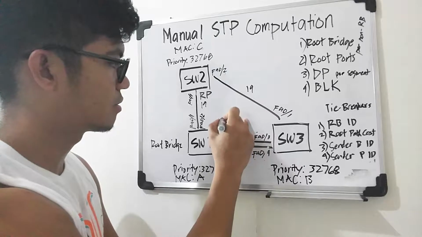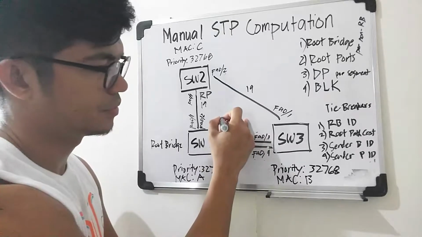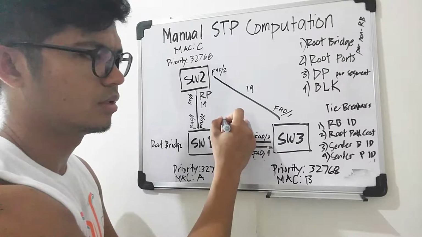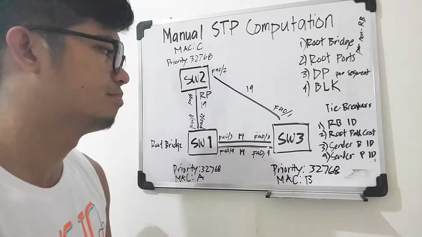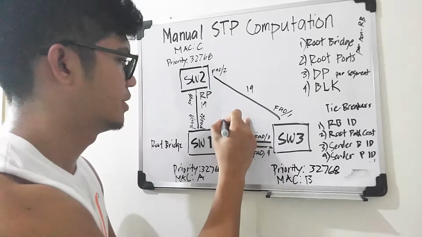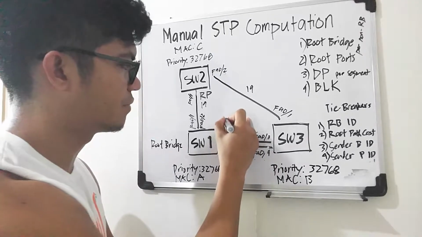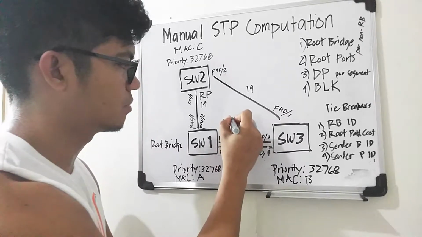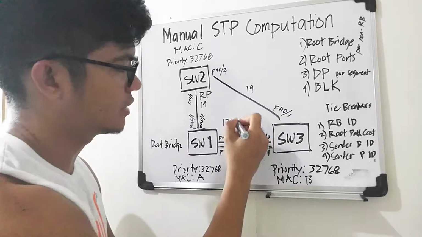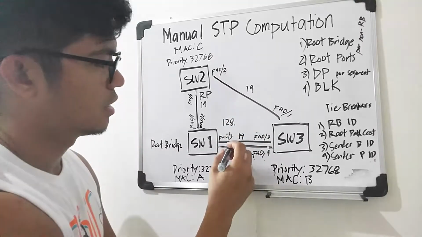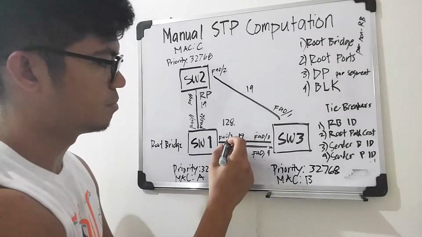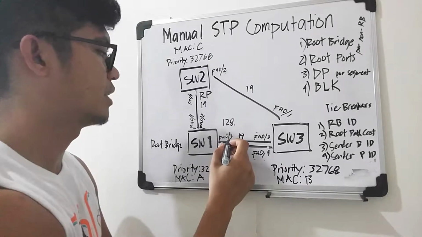Port ID, by the way, is composed of the priority, which by default is 128, and the hardware number plus 2.